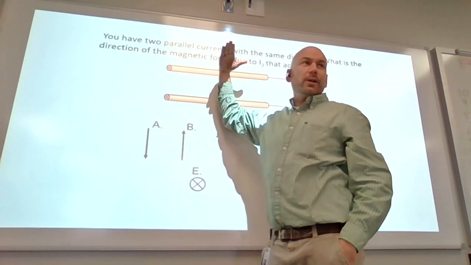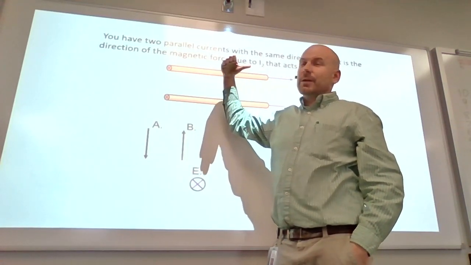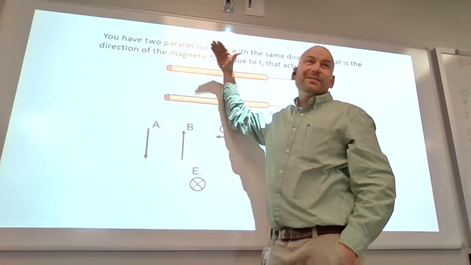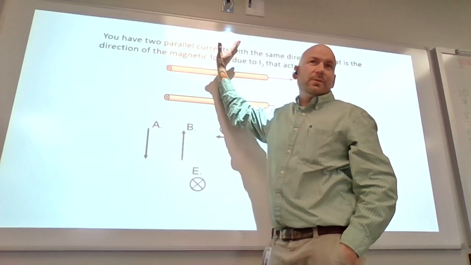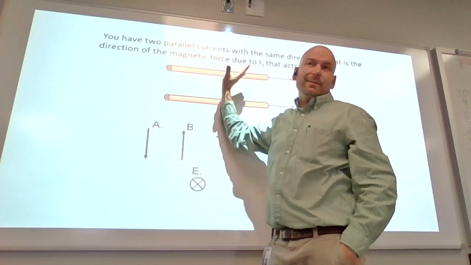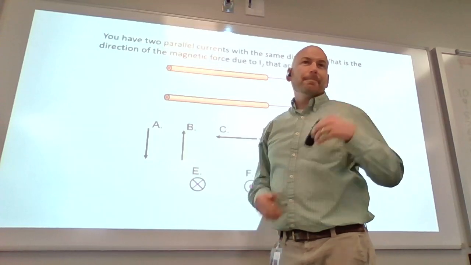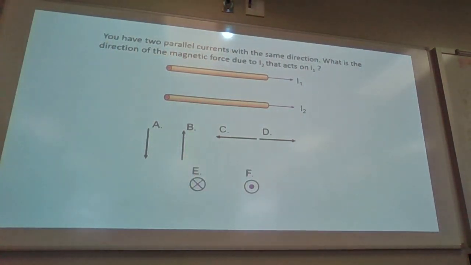Thumb's going to the right with the direction of current, being forced down. If that makes sense to you, go with it. If you're a realist and you're like, well, electrons, but they're going the opposite direction of the current, down. Okay. All right. So that's that.